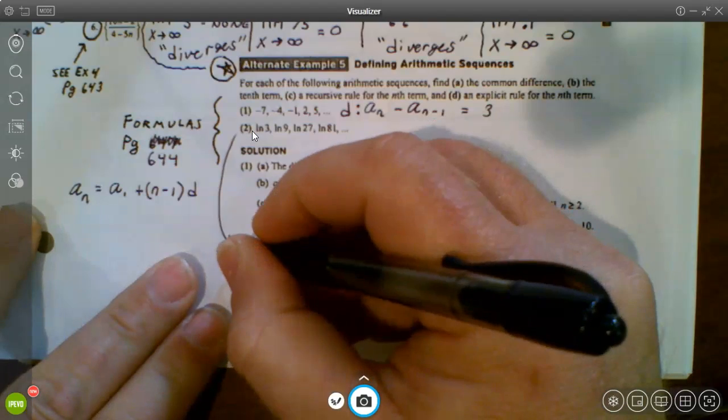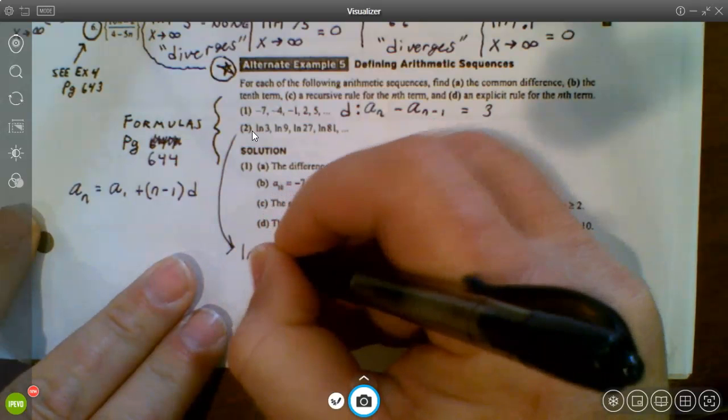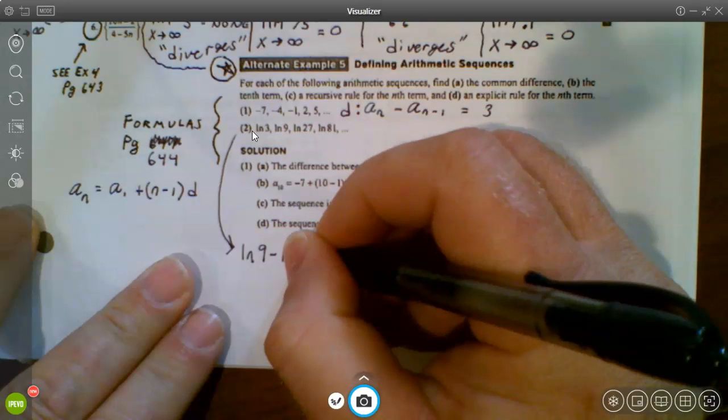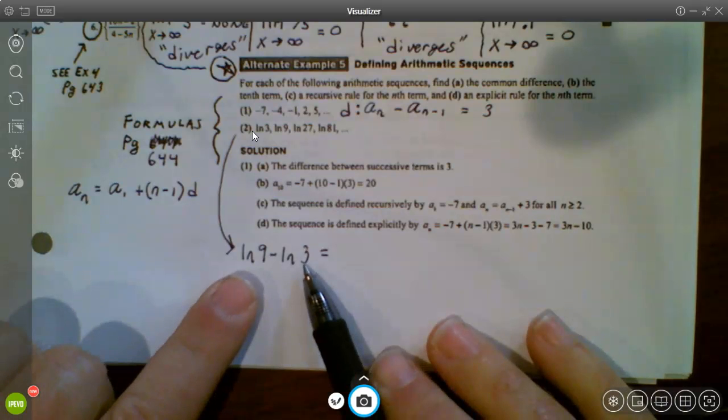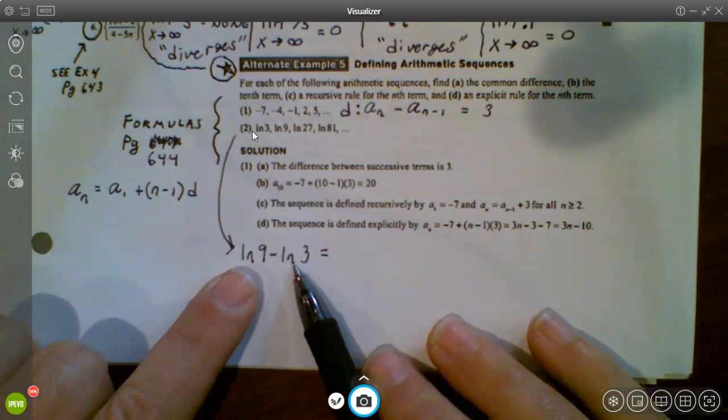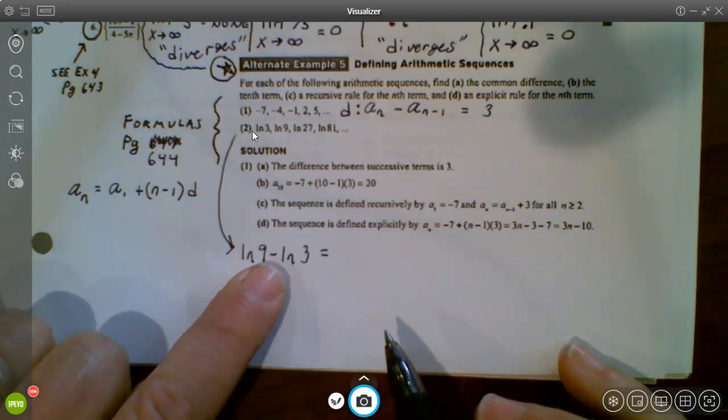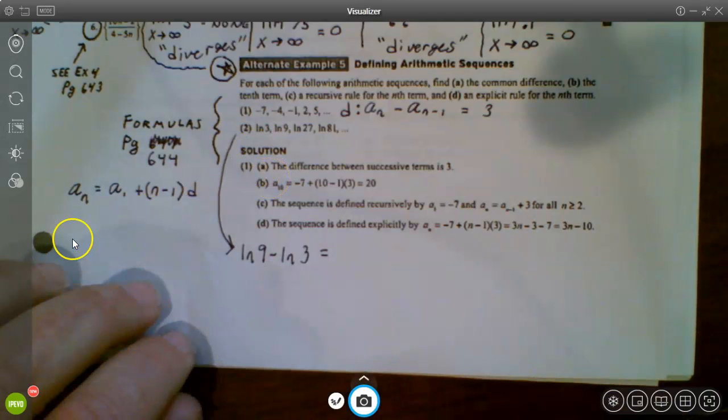So if I were to say, well, what's the natural log of 9 minus the natural log of 3? What would that come out to be? Well, remember, one of the things we did earlier was combining logs into a single log. So if it's subtraction, we combine them through division.